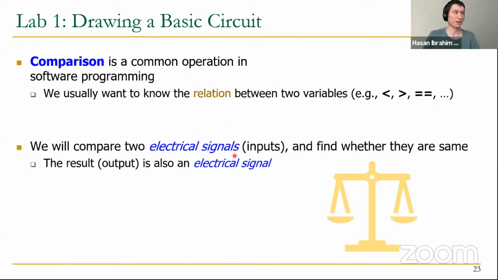We will compare two electrical signals because we will be representing numbers as electrical signals and find whether they are the same. The result output is also a 1-bit electrical signal, so it's 1 or 0, or if you want to indicate whether it's greater or smaller, then we may need to use more bits.